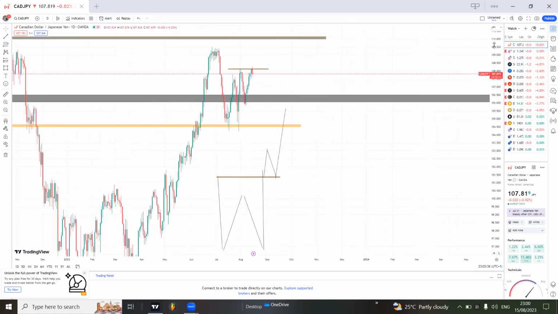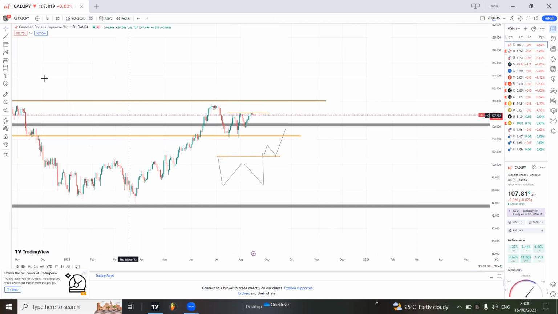As you can see, this is a bullish move from here. Let me use my trend line from here. You see that we bounced around there, came here, and gave us a bullish move pattern. That's the double bottom I was talking about.